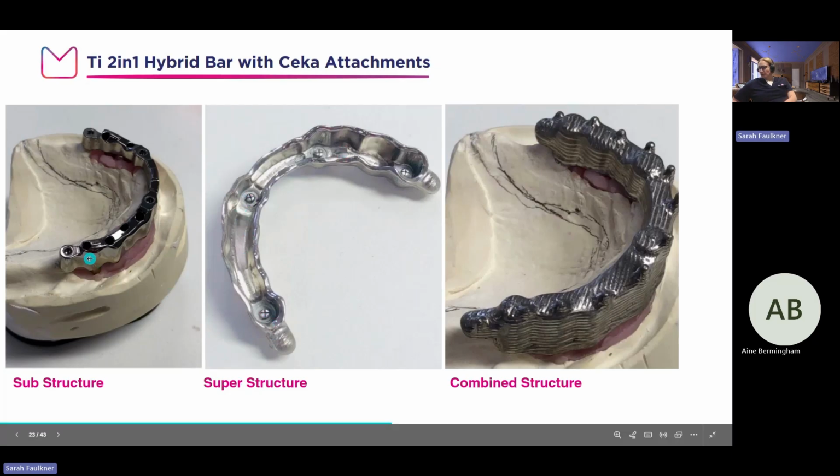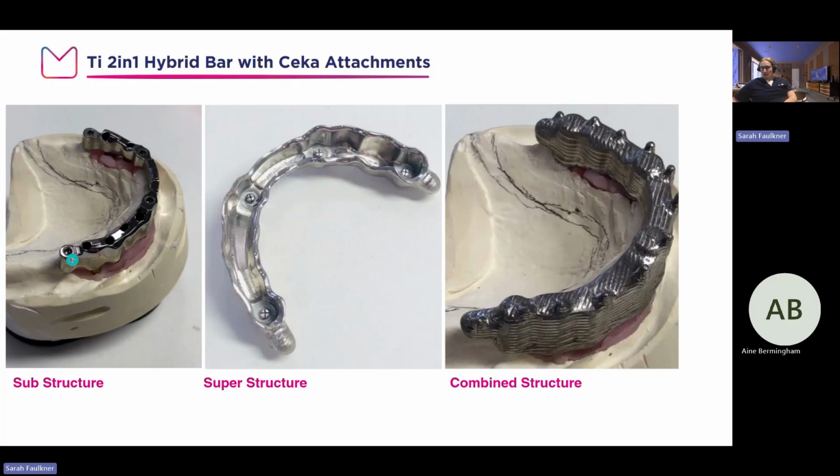I don't know if any people here have used Seeker attachments, but you basically Seeker-site, which is a cement, the pre-manufactured little cups into the pre-milled section of the bar itself. And then we Seeker-site the male sections of the Seekers into the underside of the sleeve.